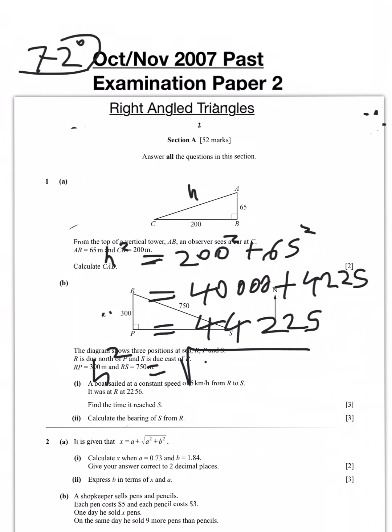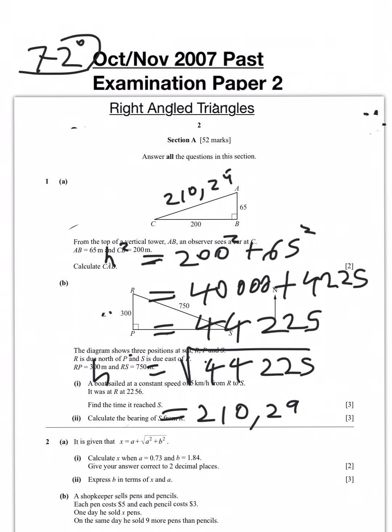If we are going to find h, so the square root of 44,225, and then we punch it into our calculator, we get 210.29. Right, we get that. So now we try to use this side, and one of the sides that we are given.